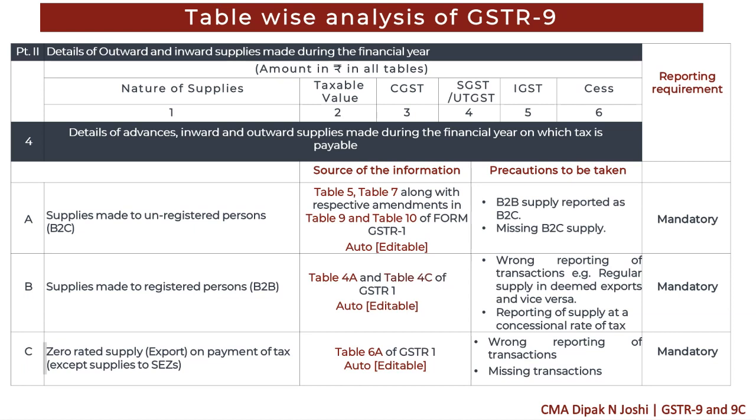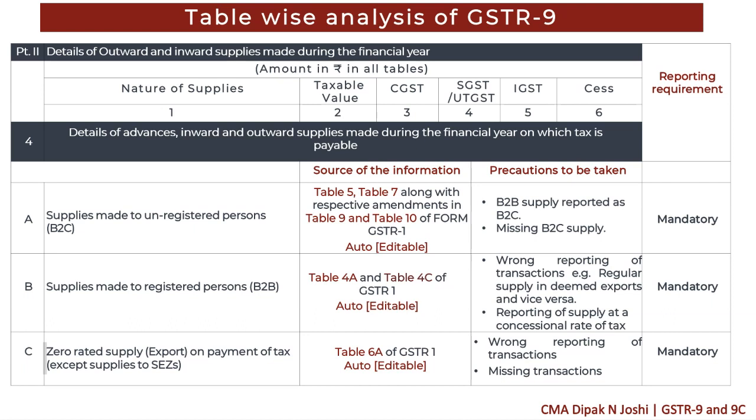Now, many times we wrongly report supply at concessional rate under the category of deemed export. Now, supply under the concessional rate of tax is also your B2B supply. For example, supply to the merchant exporter. So it is B2B supply. It is not deemed export.